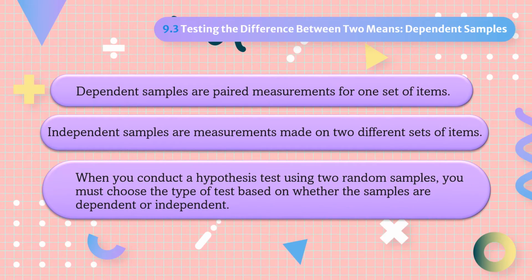Dependent samples are paired measurements for one set of items, and the independent samples are measurements made on two different sets of items. So when you conduct a hypothesis test using two random samples, you must choose the type of test based on whether the samples are dependent or independent.